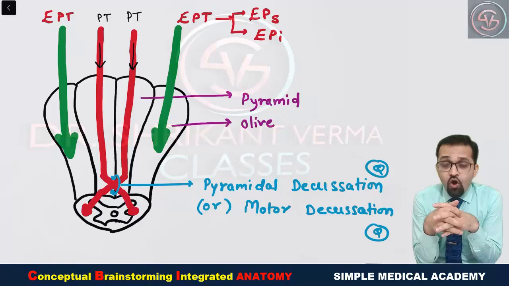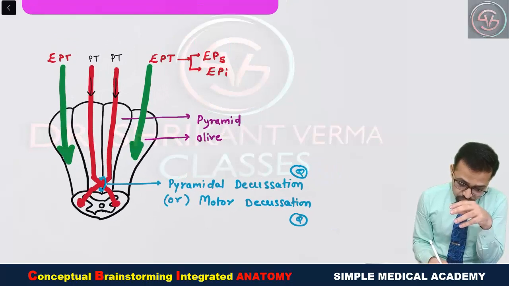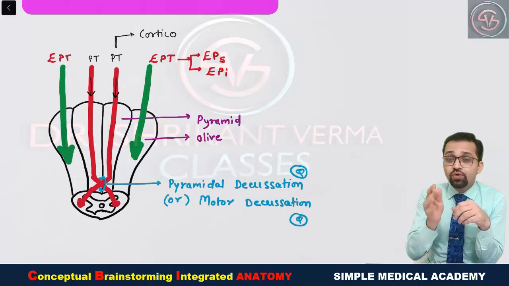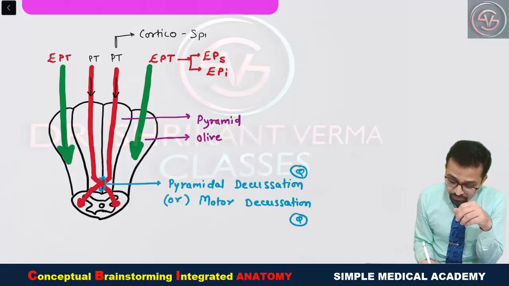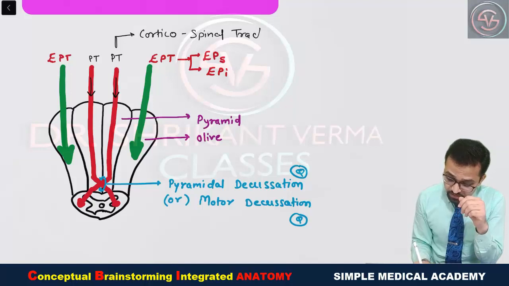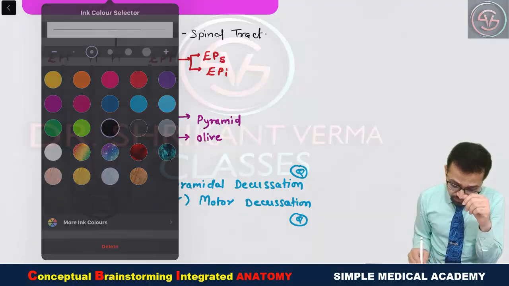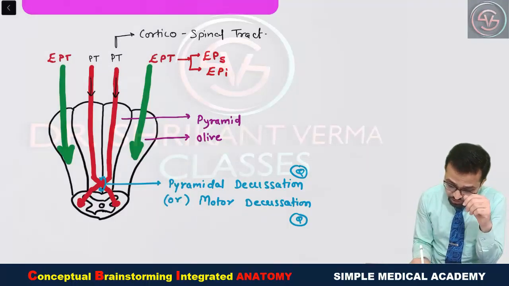You can also observe in this image that the pyramidal tract comes from the cortex. That's why it is known as cortico, and it goes to the spinal cord, that's why spinal. A bundle of axons is known as a tract. Now see, the maximum part of these fibers reach the lateral side of the spinal cord.